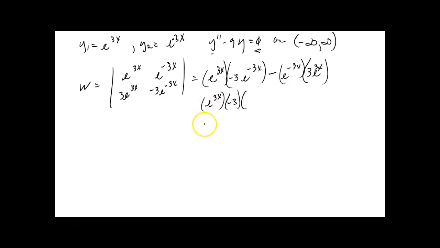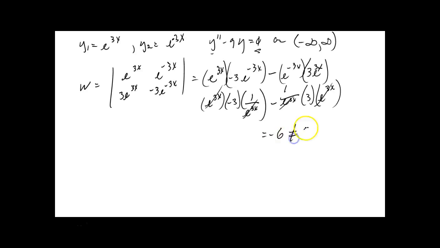Now, I'm going to write that e to the minus 3x as 1 over e to the 3x, right? Minus e to the minus 3x times a positive 3 e to the 3x, which is 1 over e to the 3x times 3 times e to the 3x. The exponentials cancel out, and you get minus 3 minus 3, which is equal to minus 6.